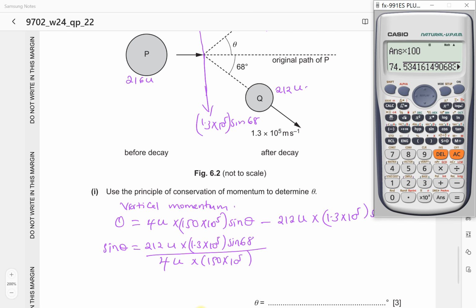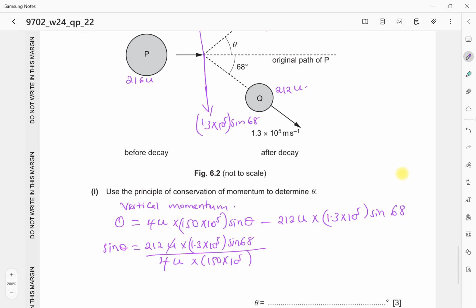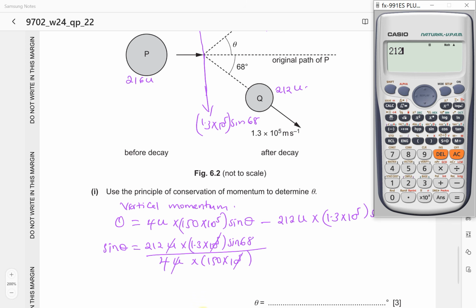I'll just check with my calculator here. 212 times 1.3 sine of 68 divided by 4 times 150.